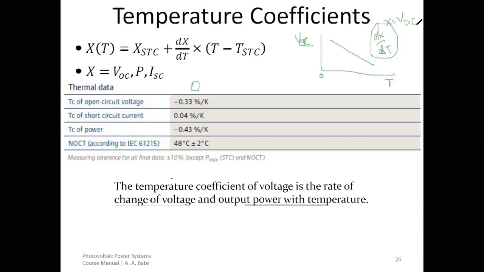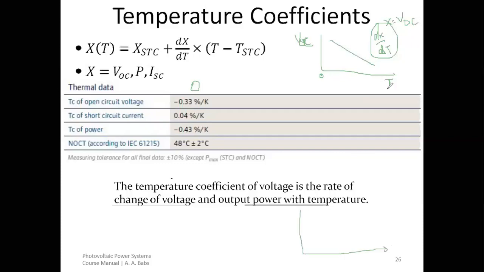Then there is another scenario we can have. Apart from having a rate of change of voltage with respect to temperature, that gives us a temperature coefficient with respect to voltage, we can also have a temperature coefficient with respect to power. That will be the rate of change of power with respect to temperature. You're going to have a graph that looks like this.